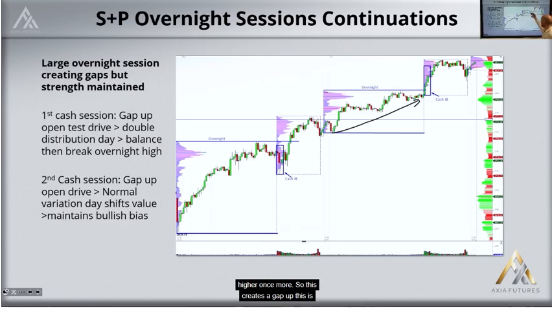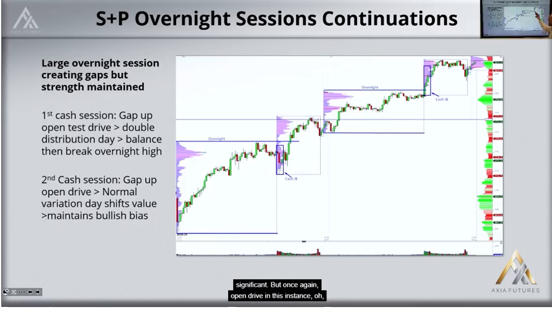So this creates a gap up. This is overnight, and so whilst you see the volumes look reasonably high, this is because it's scaled. So the actual volume at price here is going to be way lower. This VPOC may struggle to be as high as perhaps that little bit of volume just in there. So the difference is very significant.